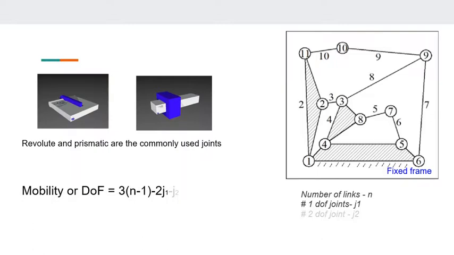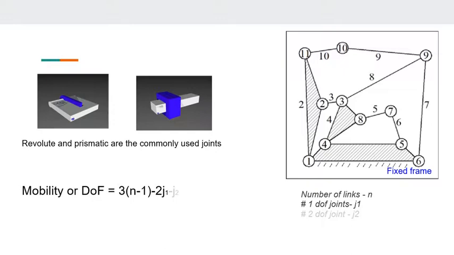But our analysis in this course is restricted to mechanisms having just 1 degree of freedom joints. We are not going to consider mechanisms with 2 degrees of freedom joints. So the value of j2 will become 0.